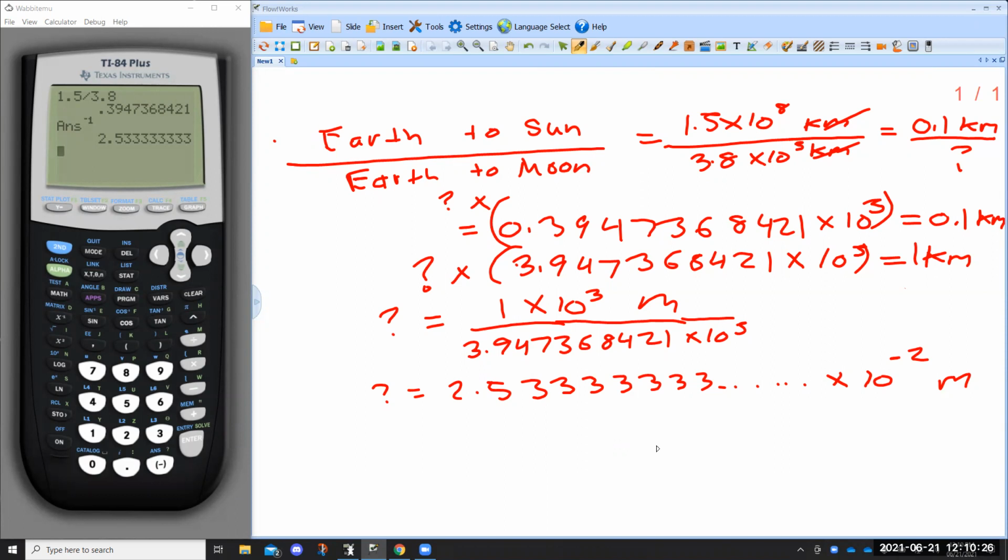I'm off by a power of 10. Yeah, I'm off by a power of 10 because this is 1/10 here of a kilometer. So this is 1/10 of a kilometer, it's only going to be times 10 to the second. That makes that 10 to the -3rd.